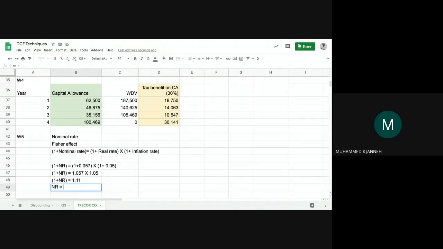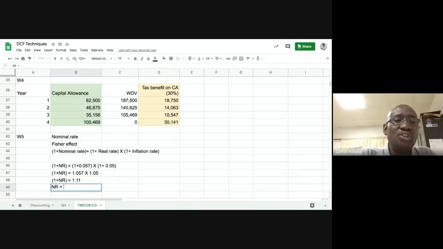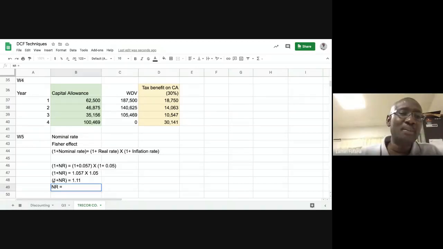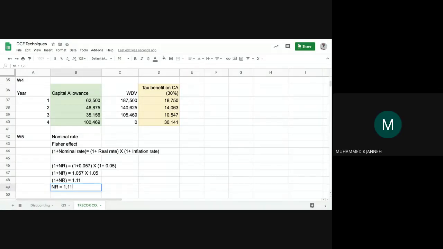There you go. The 1 is going to change position, so the sign will change. Mind you, the sign of this 1 here is a plus, so when it goes to the right side of the equation, the sign will change to minus. So it's 1.11 minus 1.